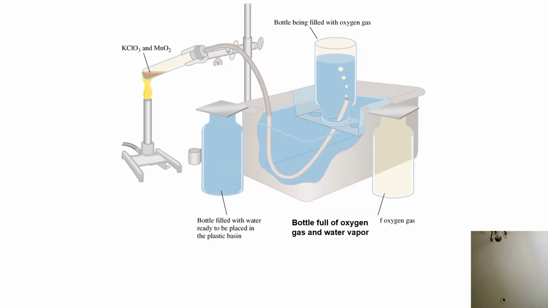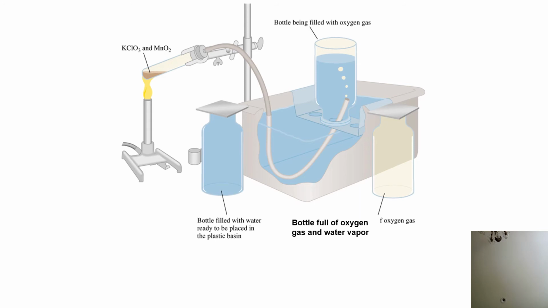So now we're going to discuss collecting a gas over water. And in many cases, the amount of gas that's evolved by a reaction is of interest. But since gases have such small densities, it isn't practical to collect the gas and find its mass.